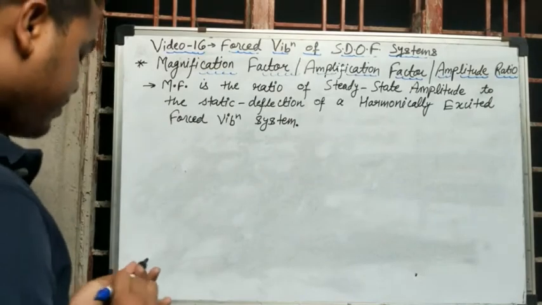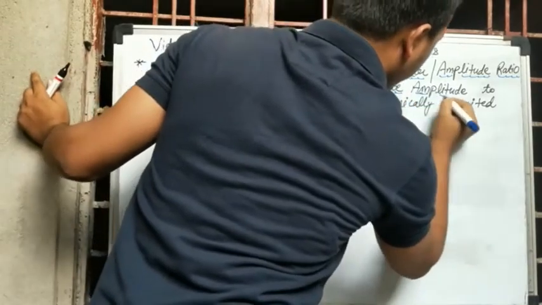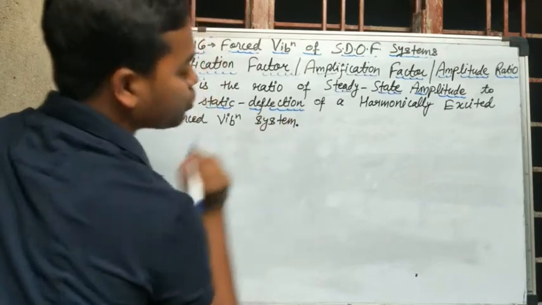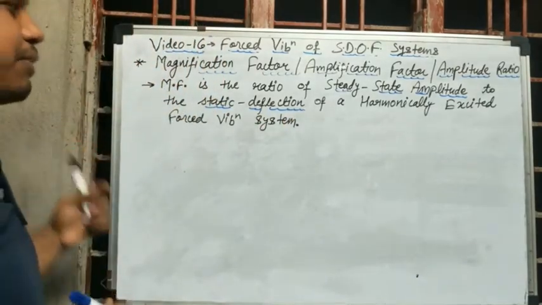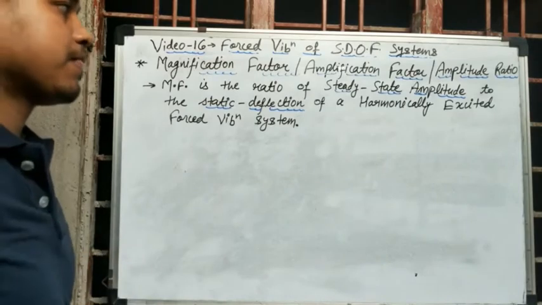So basically, magnification factor is the ratio of steady state amplitude to the static deflection, or static amplitude, you can say, of a forced vibration system.